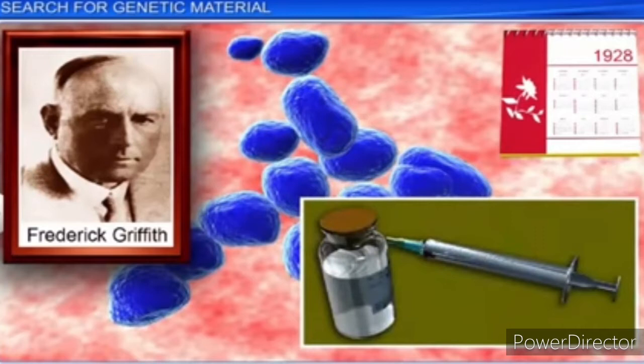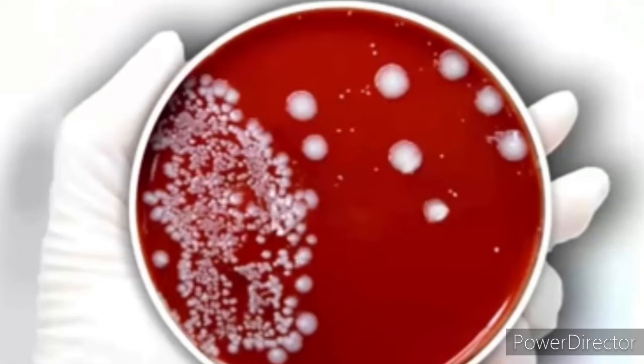In 1928, Frederick Griffith, in a series of experiments with the Streptococcus pneumoniae bacteria, because the disease pneumonia is caused by the coccus bacteria, a chain of bacteria, Streptococcus bacteria, witnessed a miraculous transformation in the bacteria.